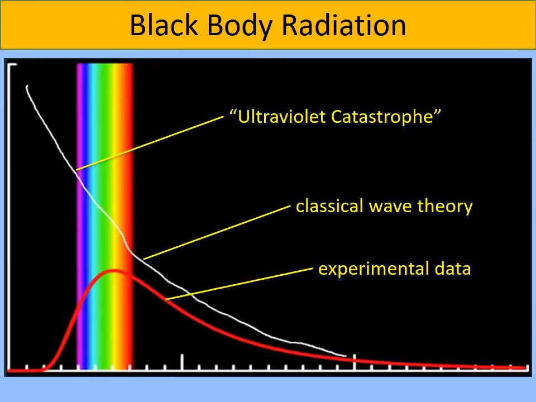Planck reconfigured the classical wave mathematical formula to allow energy to be quantized using his constant. The data formed a lovely curve, and for a particular wavelength that he determined with, he got the curve and it matched the experimental data curve as shown in this diagram here.